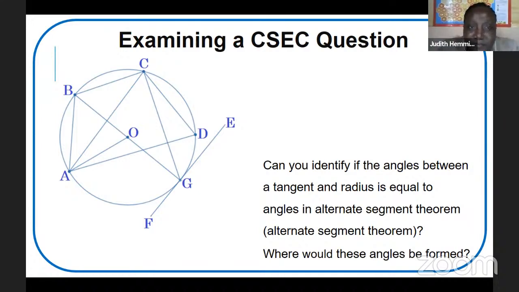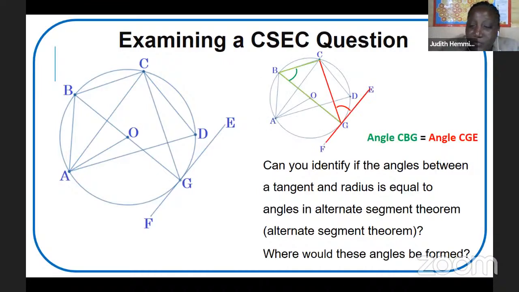CBG. I'm not hearing you, you're on mute. Sorry about that. CDB and ABC. Okay, then. I'm going to be sharing our responses with you. Were you able to identify any of those pairs?